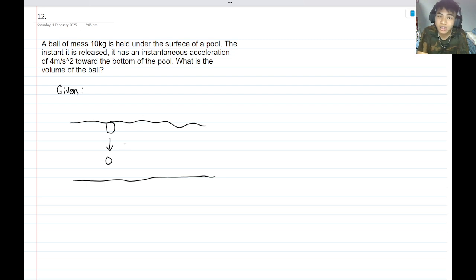Even though it might sound ridiculous na gumalaw siya na hindi nalampas yung oras, I guess that's how you would interpret it in physics. Acceleration is 4 meters per second squared. So, I think parang yun lang yung information that we have so far. And we're asked to find the volume of the ball.